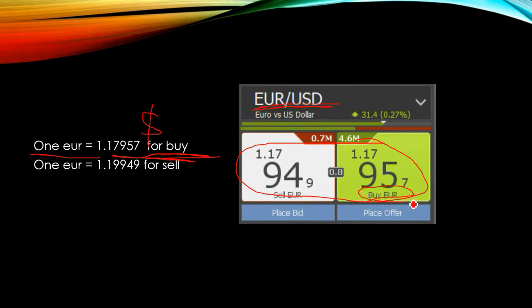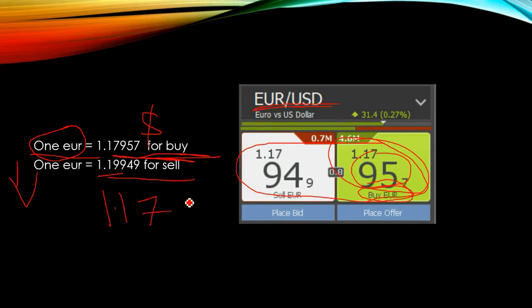If I'm selling EUR/USD, I'm getting $1.1794 for 1 euro. Don't mind that, because I wrote a wrong number here, so don't consider that. Go through this: the difference between buying and selling is called the spread.